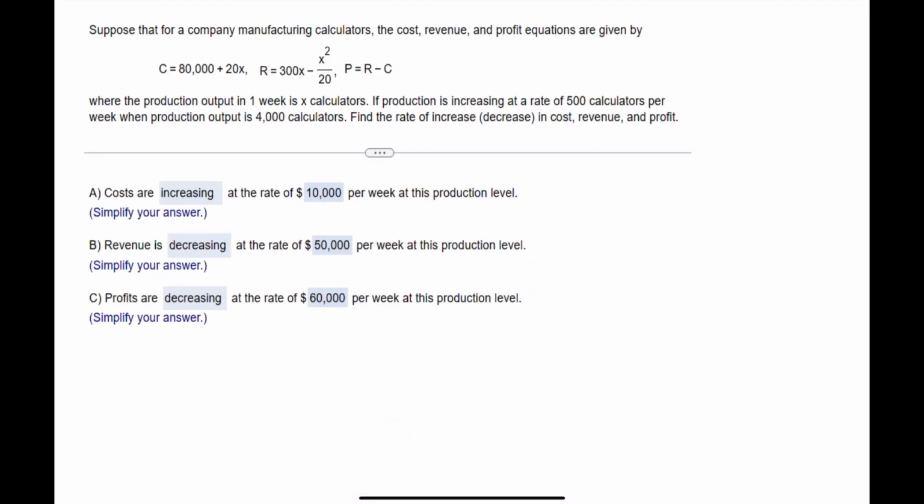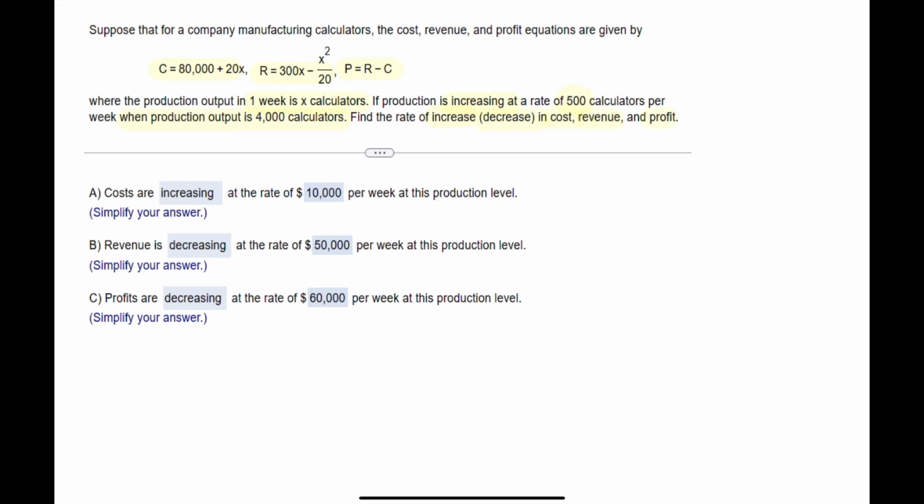It says, suppose that for a company manufacturing calculators, the cost, revenue, and profit equations are given, where the production output in 1 week is X calculators. If production is increasing at the rate of 500 calculators per week, when the production output is 4,000 calculators, find the rate of increase or decrease in the cost, in the revenue, and the profit.